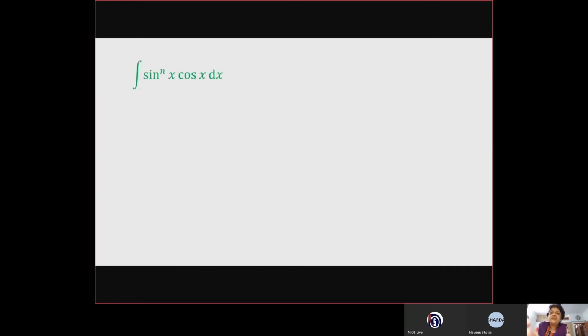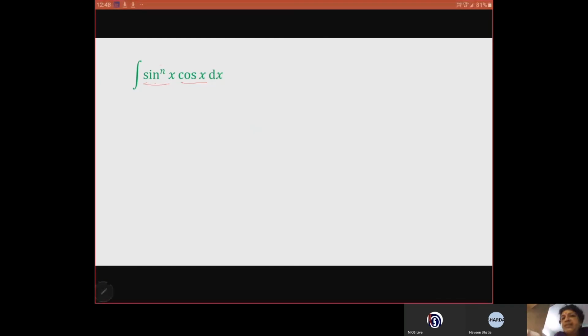For example, we have to integrate sine to the power of n x cos x dx. So there's a sine function, there's a cos function. So which one can we consider as the derivative of the other? Any one of them, right? But sine here has the power. So we will say let sine x be equal to t.